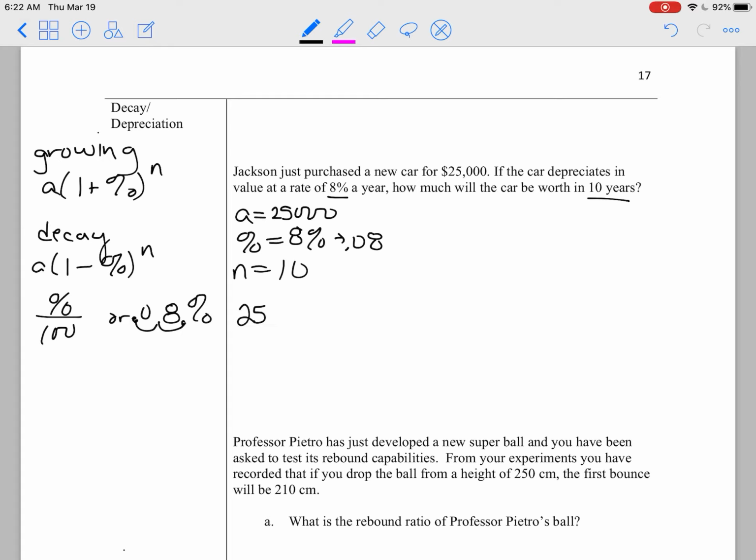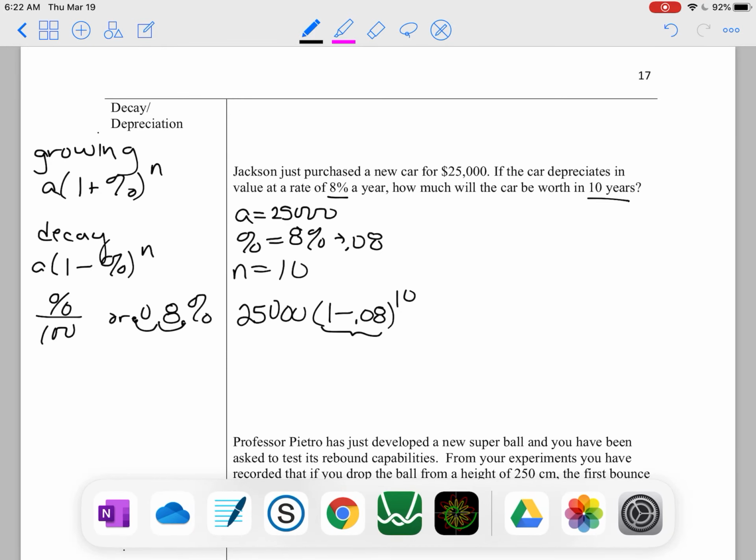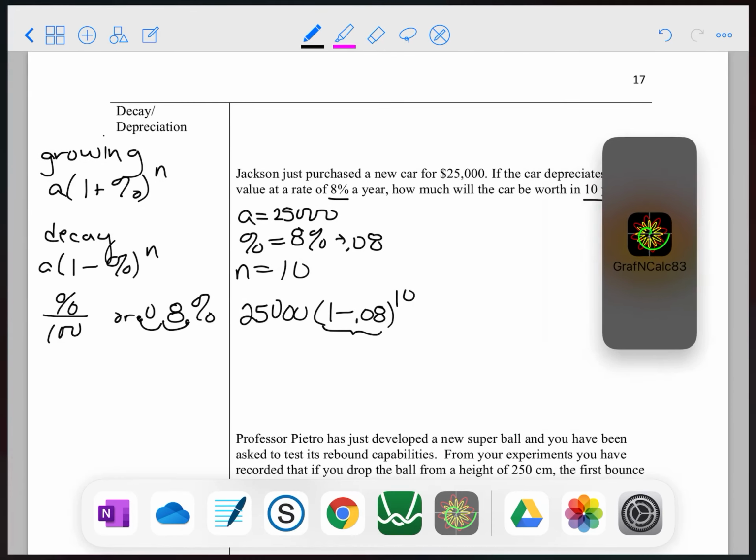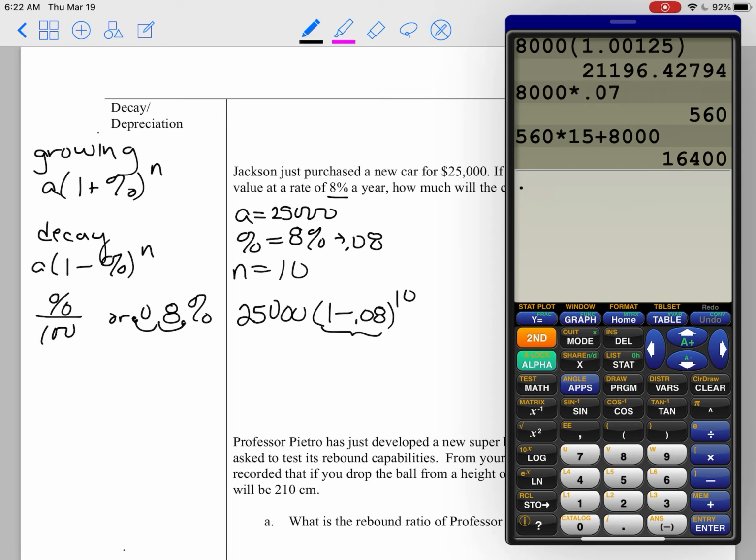So 25,000 times 1 minus 0.08 to the 10. Simplify in here first. Pull up my handy dandy little calculator here.